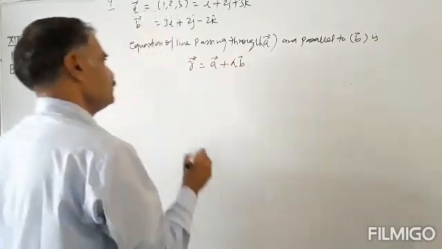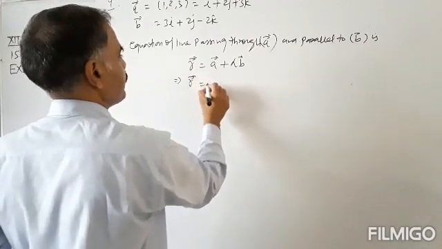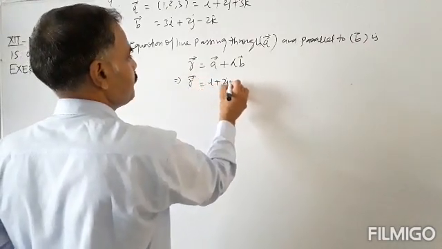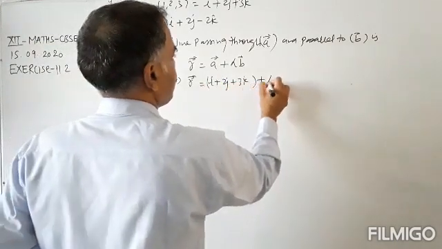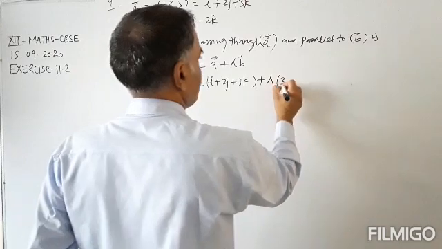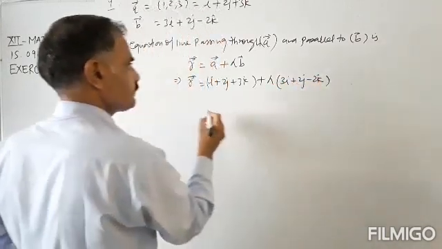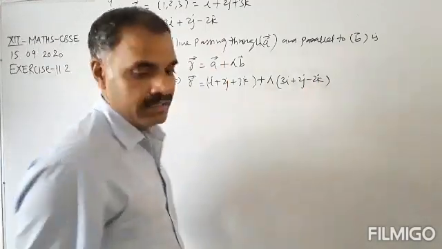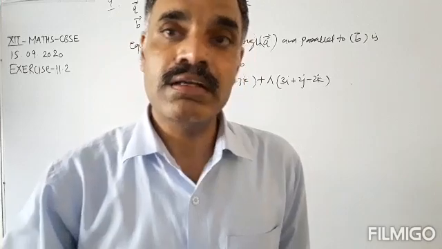So r vector equals i cap plus 2j cap plus 3k cap plus lambda into 3i cap plus 2j cap minus 2k cap. This is the equation of the line in vector form.